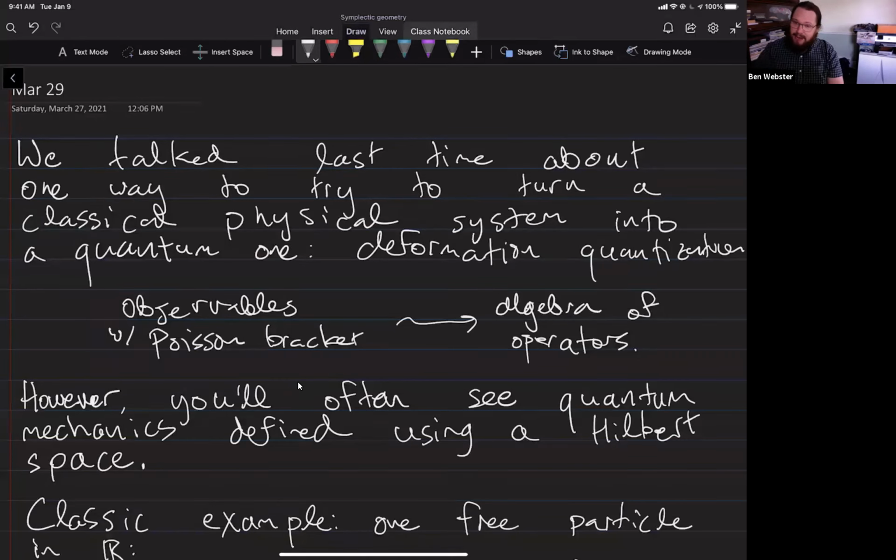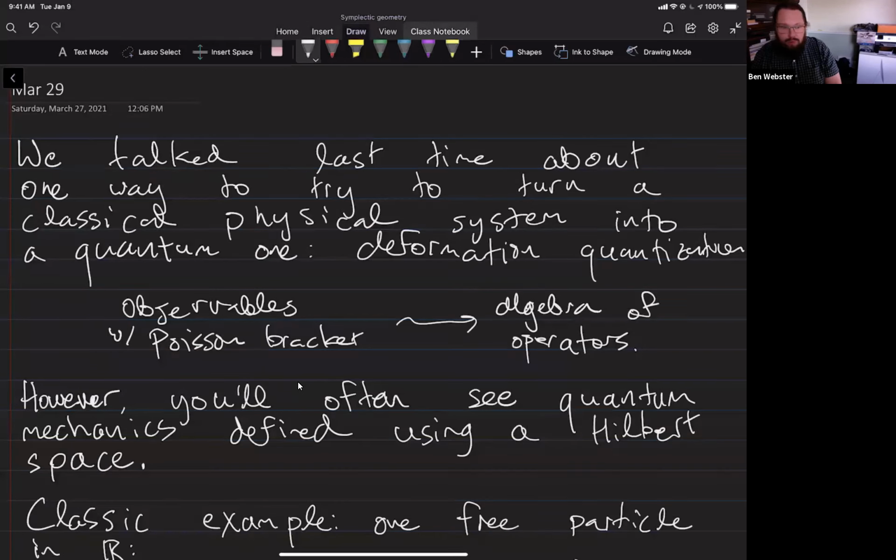And you think of states in quantum mechanics as functions on that algebra, basically sending an operator to its expectation value. And of course, you can formulate all of quantum mechanics in that form.